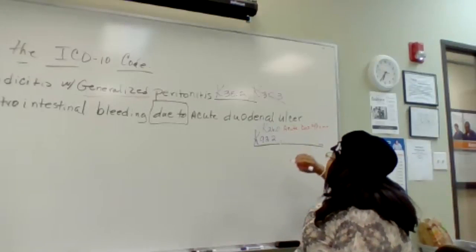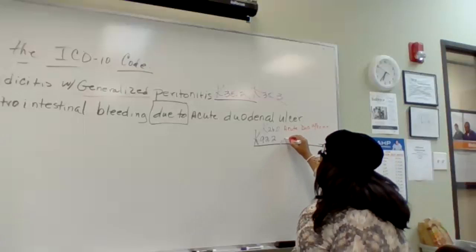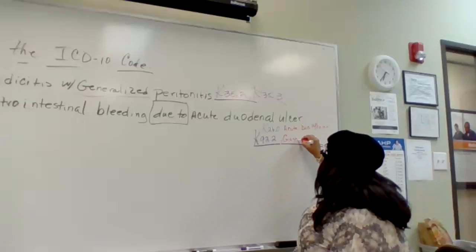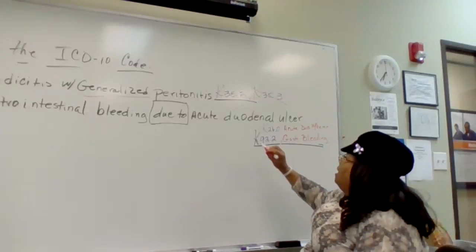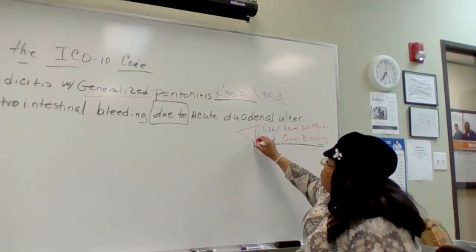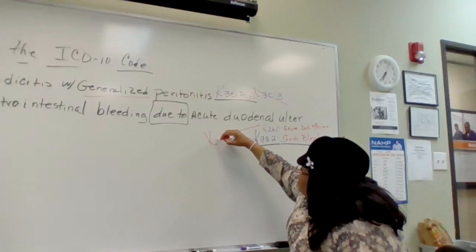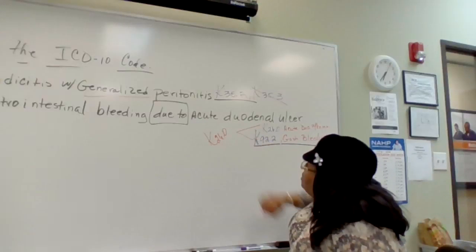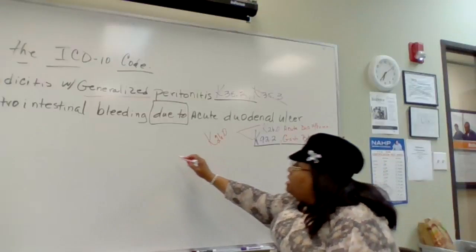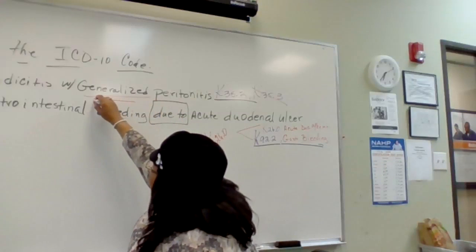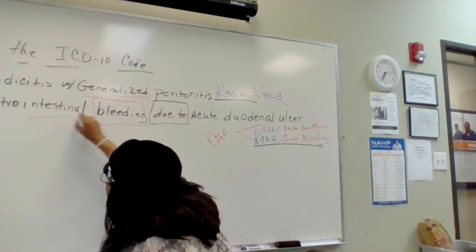Here we'll abbreviate that. This one says gastro bleeding. Okay, now we can negate this and use just K26.0 for acute duodenal with hemorrhage, since it is talking about the bleeding in the intestinal area.